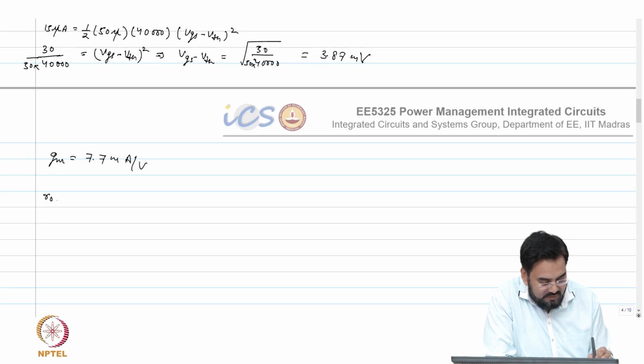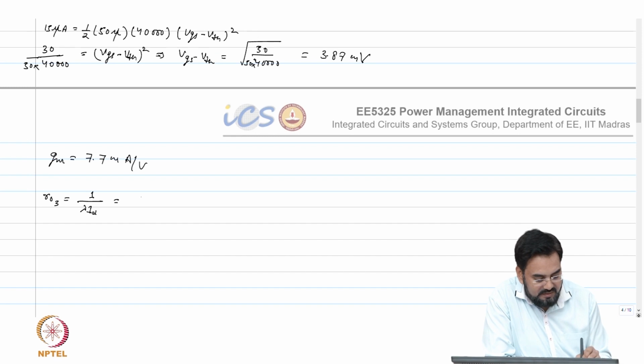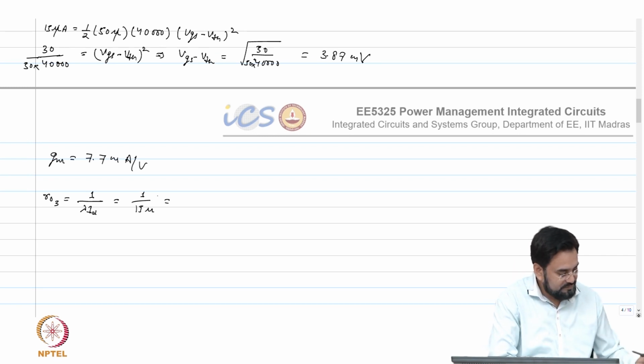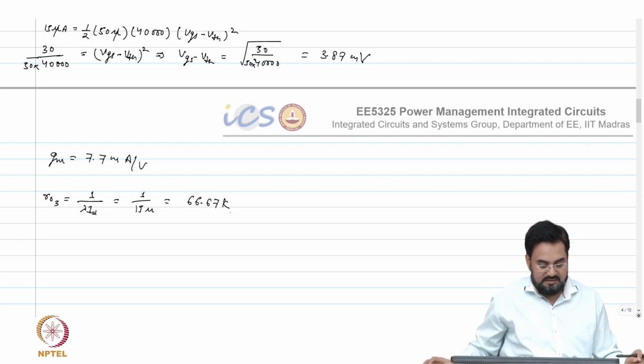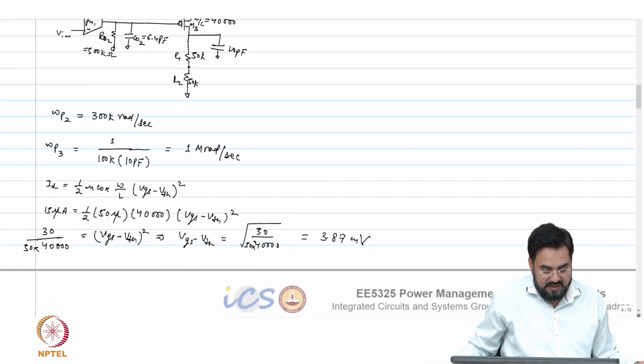So RO3 equal to 1 over lambda ID, equal to 1 over 15 micro. So this comes to 6. Okay, in parallel with 100k.